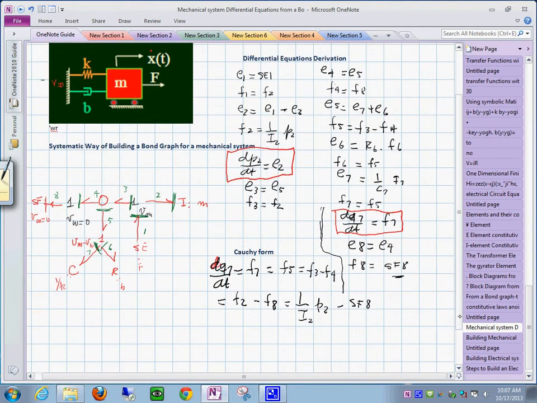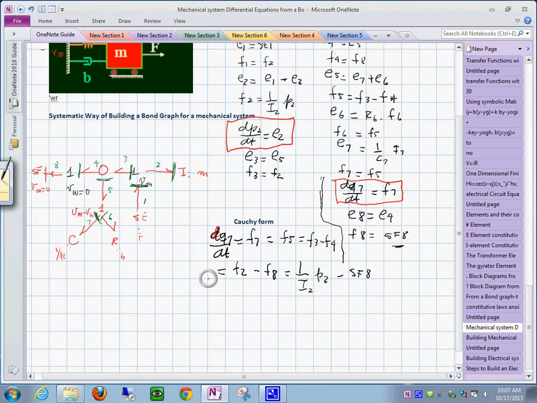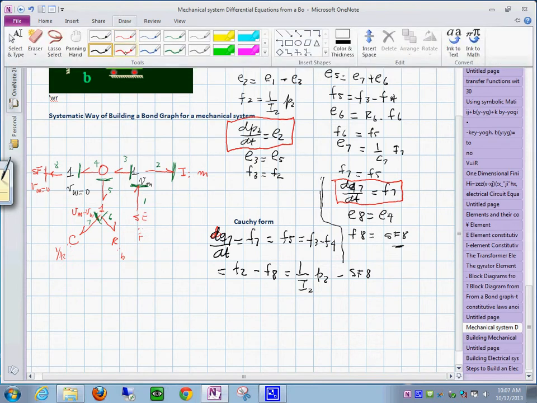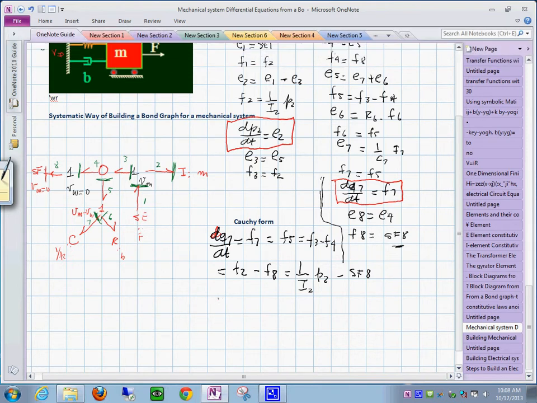So this equation that I just got, I'm going to use the red color to emphasize this. dq sub 7/dt is equal to 1 over I sub 2 p sub 2 minus SF8. This equation is in the Cauchy form.